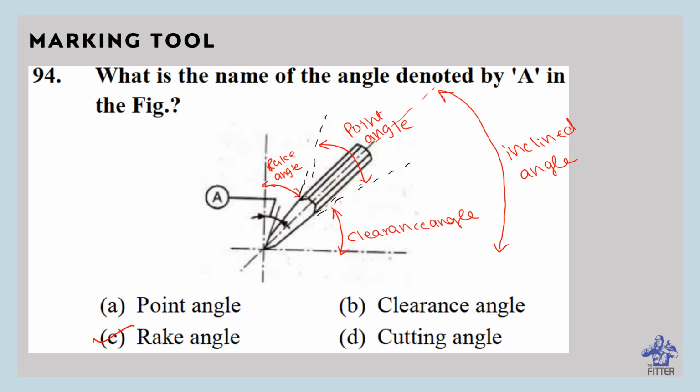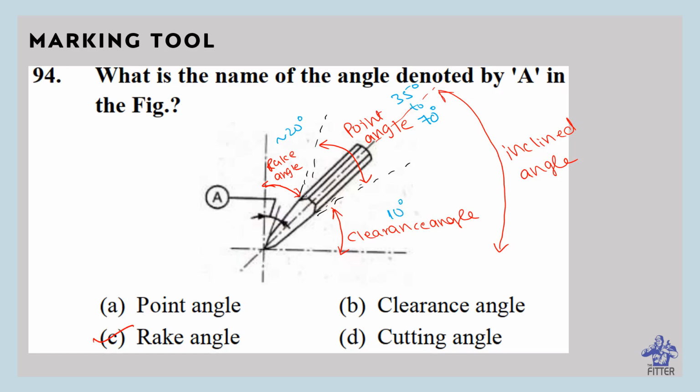Point angle varies from 35 to 70 degrees. The rake angle is up to 20 degrees, and the clearance angle is about 10 degrees.